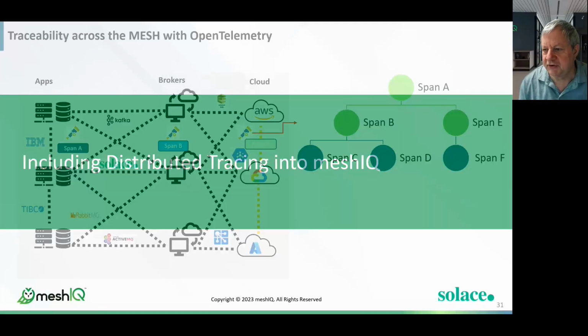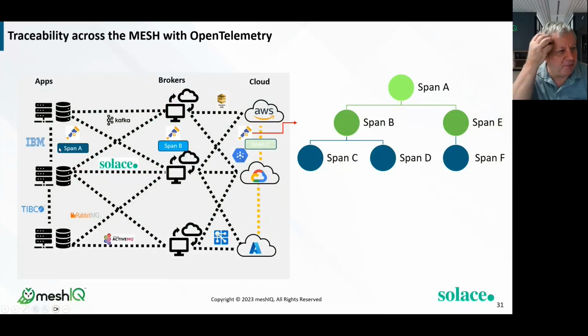Okay. So again, we saw this picture, and in fact, the concept of OpenTelemetry was introduced. And one of the key things about OpenTelemetry is the concept of spans. Spans allow you to basically identify the pieces of work that all need to be stitched together, right?